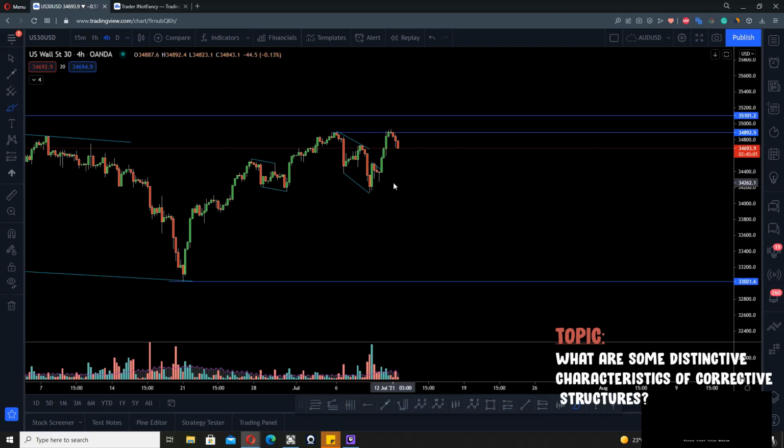They are moving with the trend. We have a lower low here, a higher high here, a higher low here, and we have a new low. This is a downtrend on this degree here, on a lower time frame. So they are moving with the trend on this degree of the structure, and therefore they are impulsive.